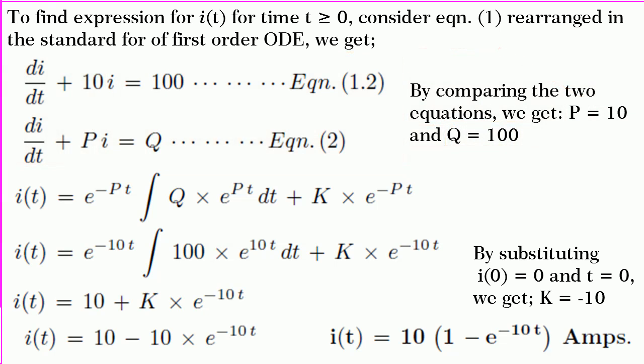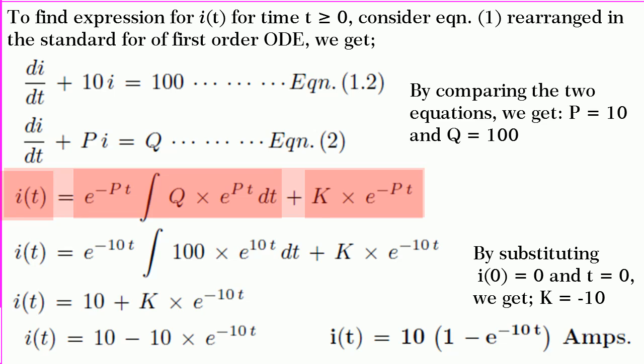We know that the solution for I of t for a first order differential equation is I of t is equal to e to the power of minus pt into integration q into e to the power of pt dt plus k into e to the power of minus pt, where k is the integration constant.